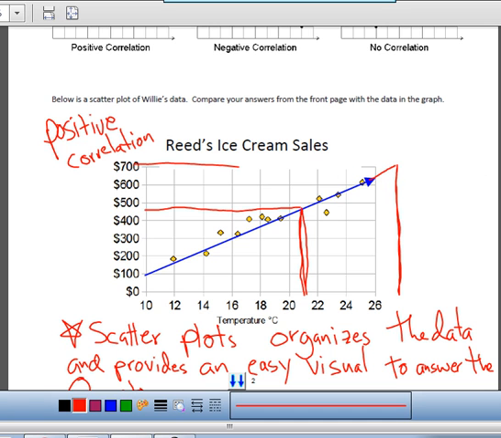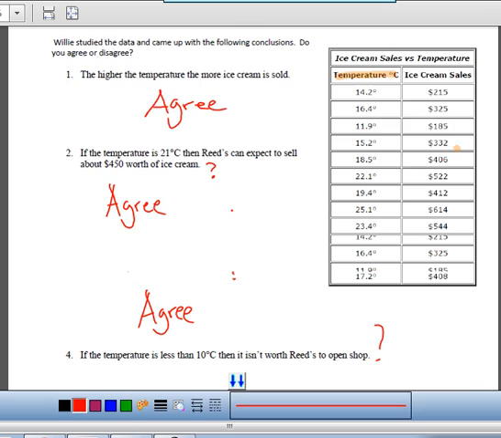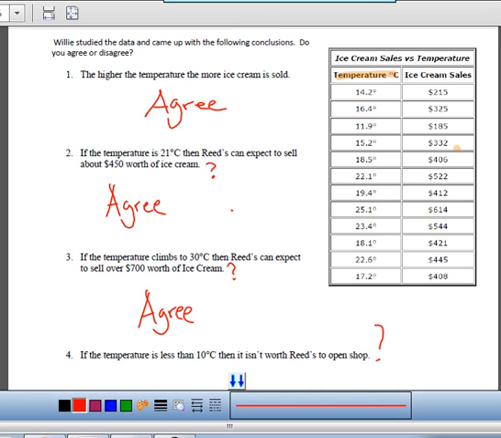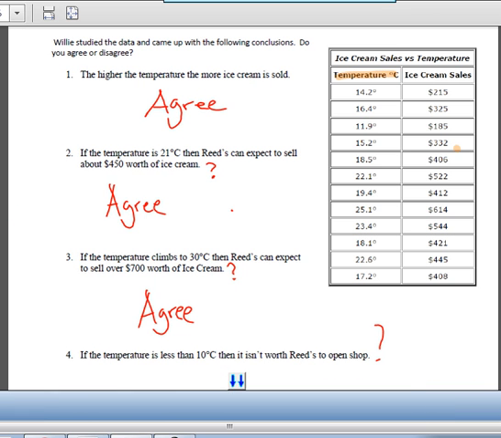So I would have to agree with that statement as well. And then the last one, if the temperature is less than 10 degrees Celsius, then it isn't worth Reed's to open shop. Again, looking at the graph, less than 10 means they're going to be getting less than $100. I would probably have to agree.